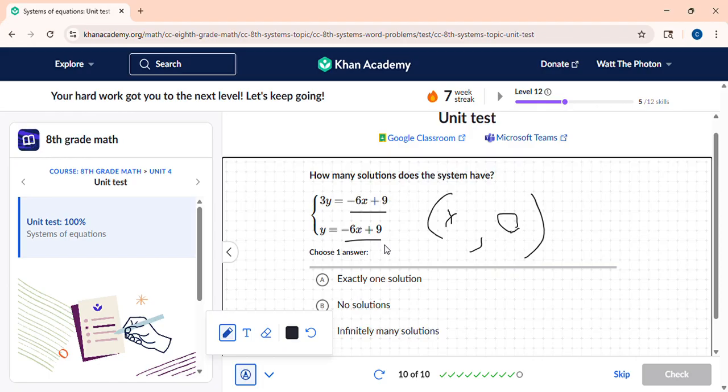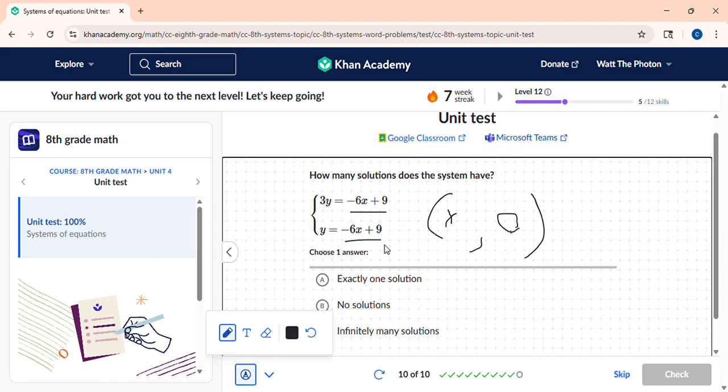How many solutions does 3y equals negative 6x plus 9 and y is equal to negative 6x plus 9 have? How many solutions does that equation have? I think it should be infinitely many. If you divide each side by 3, they'd have different slopes though.